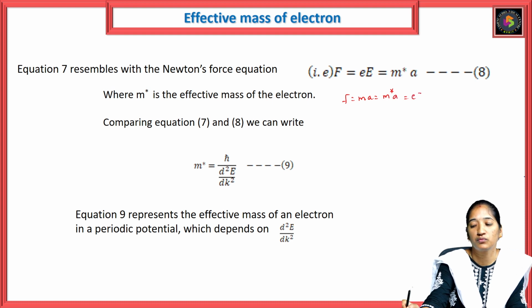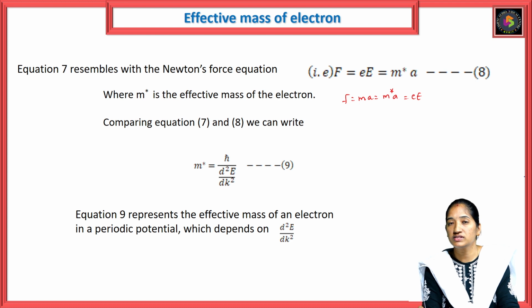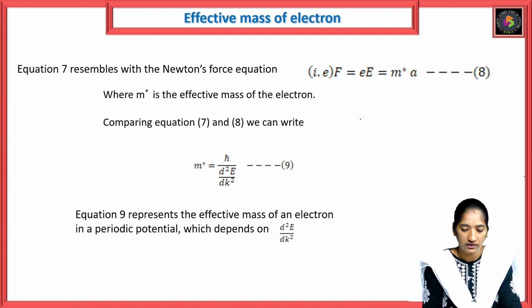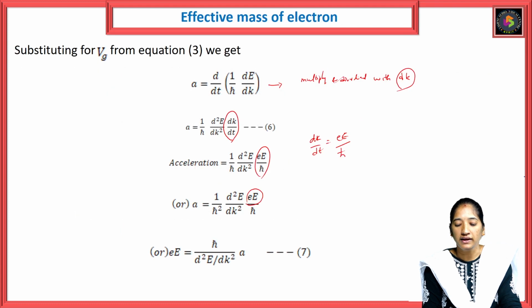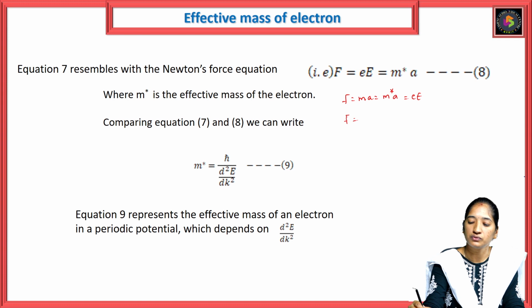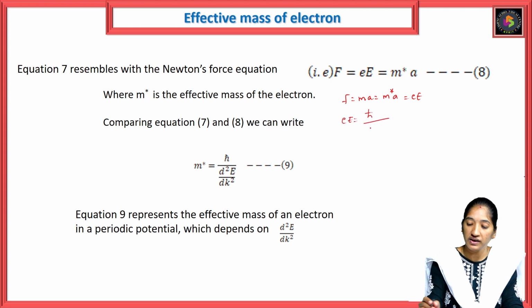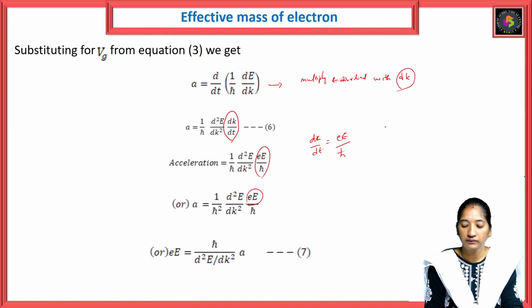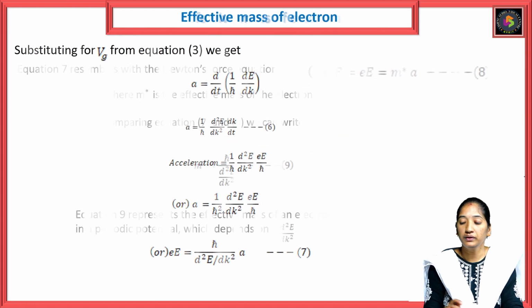We are applying some force F is equal to E into E. So in the earlier equation, E is equal to h cross square by d square E by dk square into a.